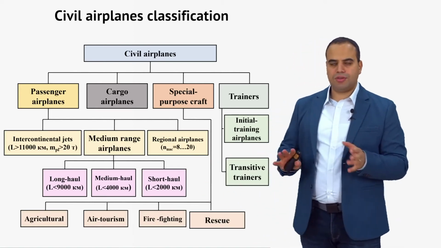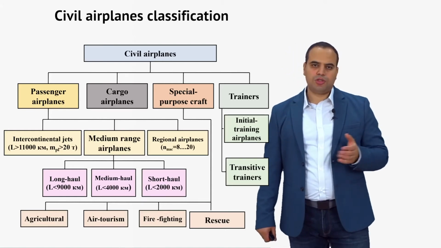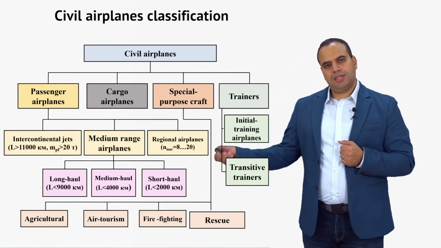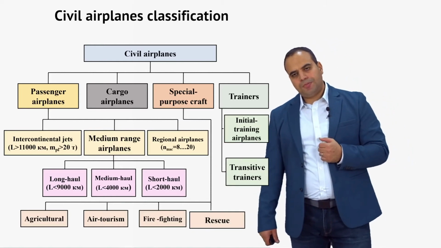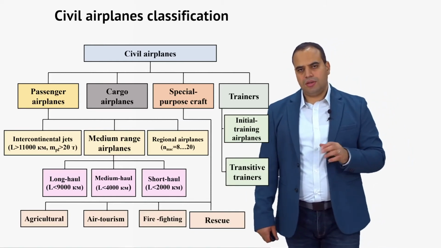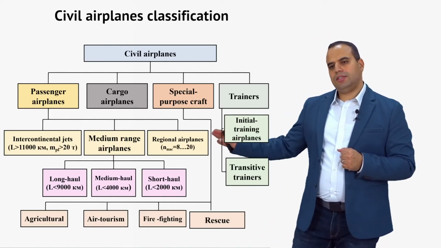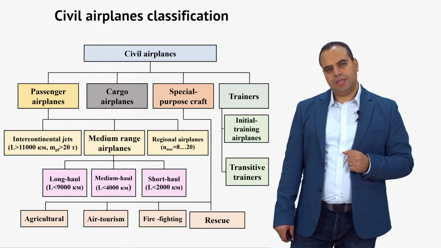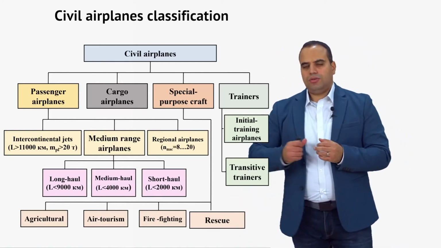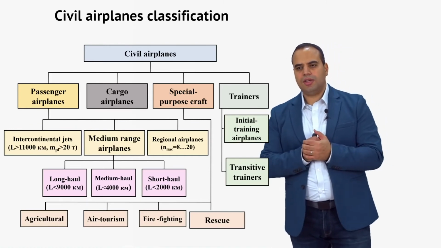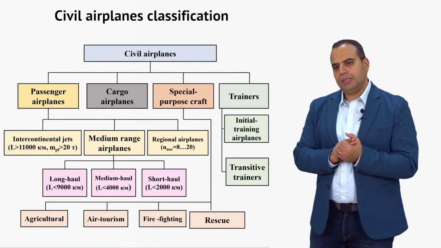Then there are medium-range airplanes which can fly a little bit less than that, for example 5,000 kilometers, like the most common airplanes of this category, the 737 or Airbus A320, that can fly approximately 5,500 kilometers, or a little bit more, depending on the configuration of the aircraft. And finally, there are regional airplanes that can fly less than 5,000 kilometers, for example smaller jets that can cover about 2,000 to 3,000 kilometers, so just quite regional aircraft.